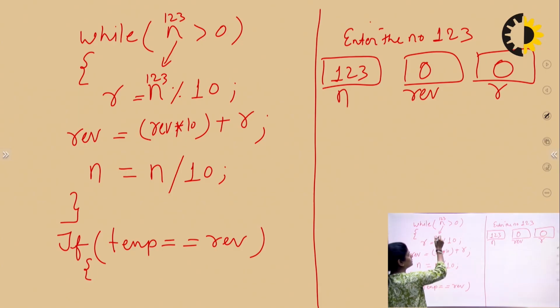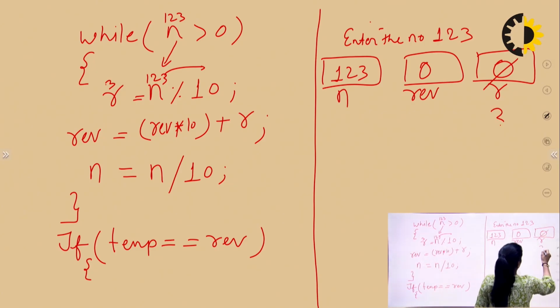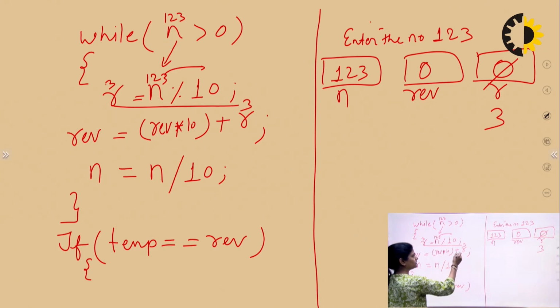Remainder is 3. Okay, because with the help of modulus we can calculate the remainder. So here remainder is 3. Okay, now this remainder update with 3.